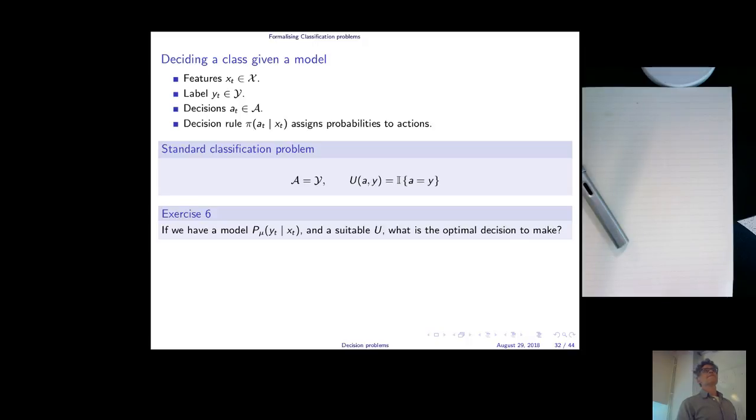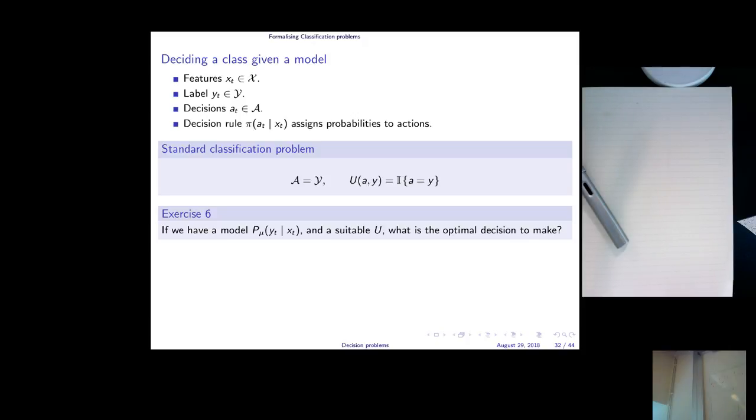Under the model, the probability of y, over all possible y, and the utility that we defined already.